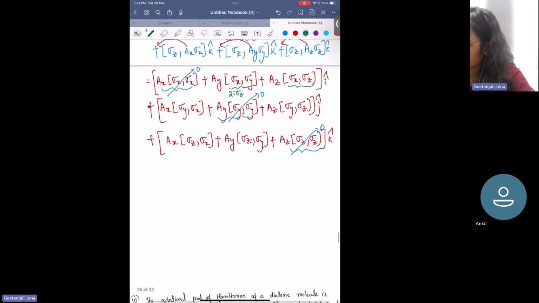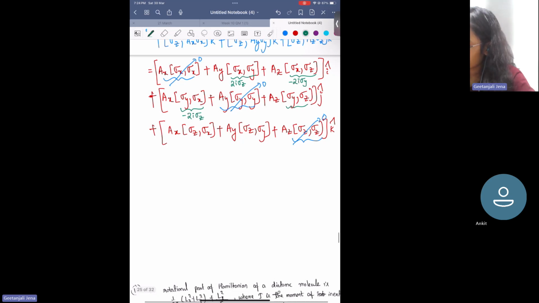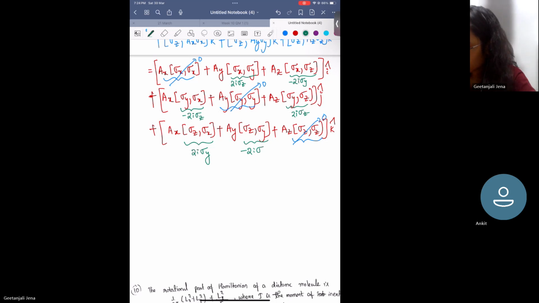And sigma x with sigma z is minus 2i sigma y. Here, sigma y with sigma x should be minus 2i sigma z. And this one, sigma y with sigma z, would be 2i sigma x. Similarly, this one is 2i sigma y, and this is minus 2i sigma x.